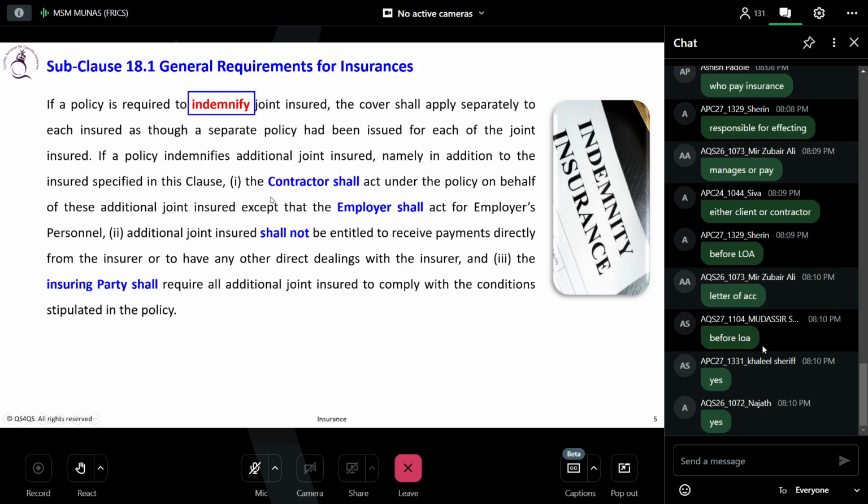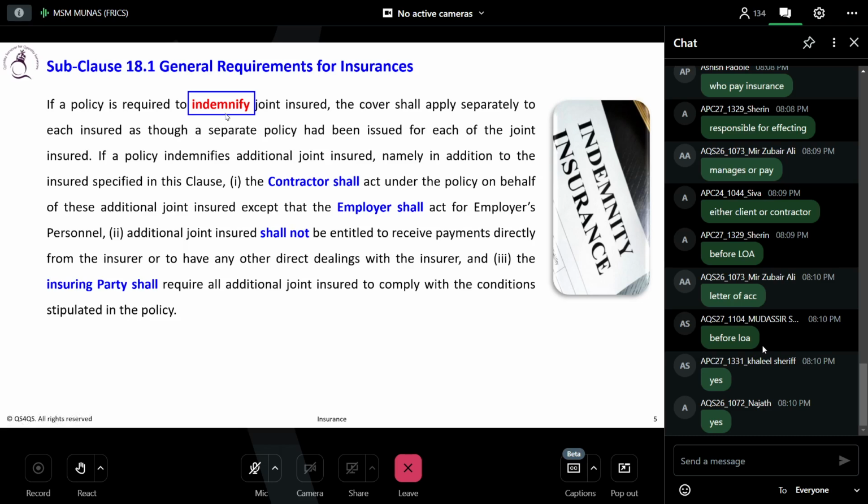If a policy indemnifies additional joint insured, in addition to the insured specified in this clause, the contractor shall act under the policy on behalf of these additional joint insured, except that the employer shall act for employer personnel. Additional joint insured shall not be entitled to receive payment directly from the insurer or to have any other direct dealing with the insurer, and the insuring party shall require all additional joint insured to comply with the conditions stipulated in the policy.